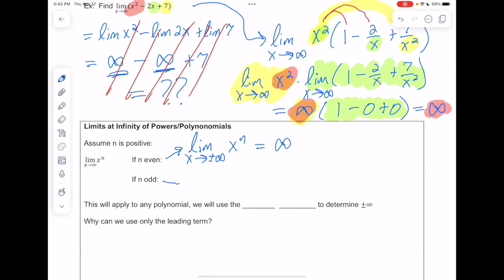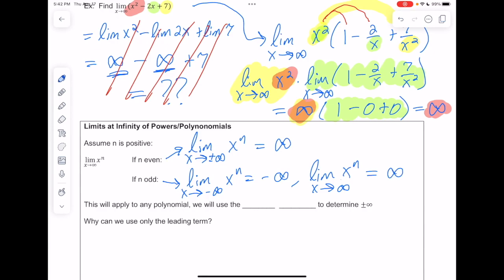So if we summarize the odd one, we need two different descriptors. The limit as x goes to negative infinity of x to the n would be negative infinity, but the limit as x goes to positive infinity of x to the n is going to be positive infinity.